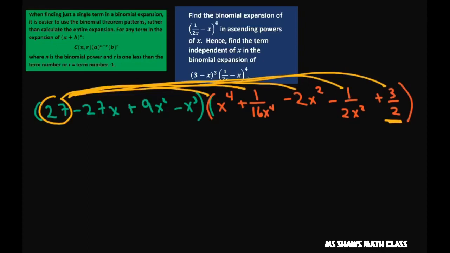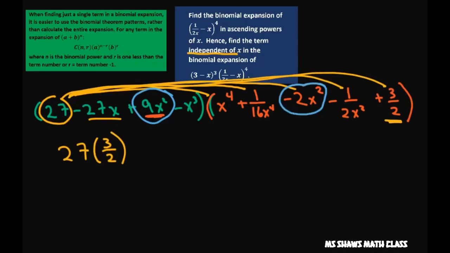So we want independent of x. So that's going to be 27 times 3/2. Now again, when I multiply this one by all of these terms, you're still going to get an x in every term.